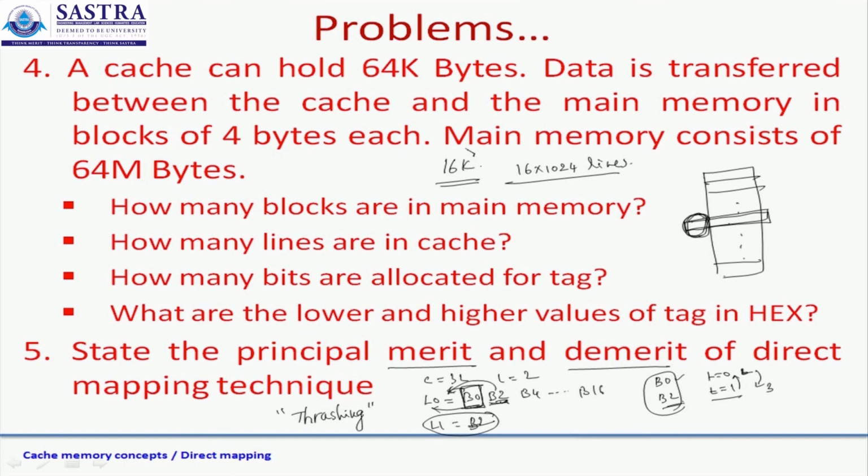Imagine 16K space is available, but we are using only one line continuously for 2 blocks. These 2 blocks are going to be accessed again and again very frequently. Then even though we have a vast cache, we cannot utilize it effectively. This problem is called a thrashing problem.